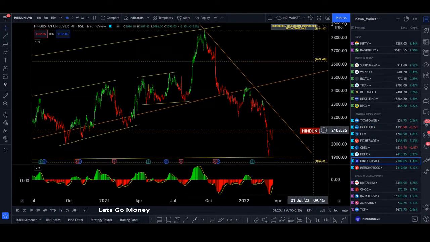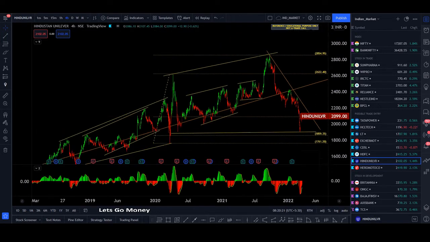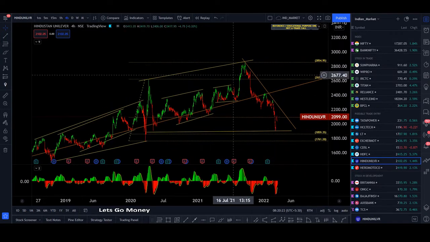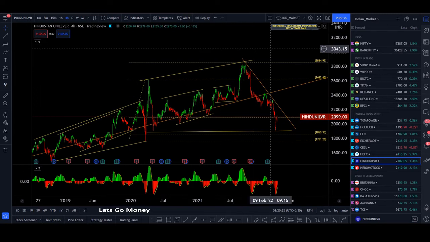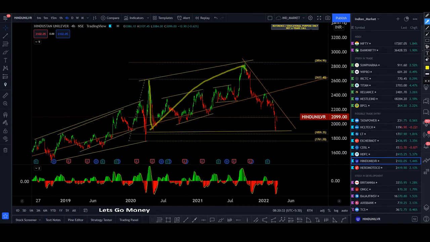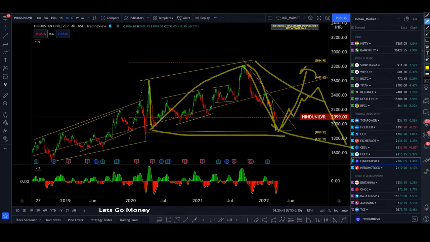And Hindustan Lever, yes, it is also doing an upward move, but the patterns are still pretty complex. I'm not sure if we can consider this as A, B, C as an expanding flat for further up, or is it the first run down for further correction before it moves up.